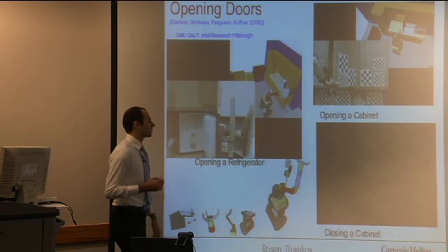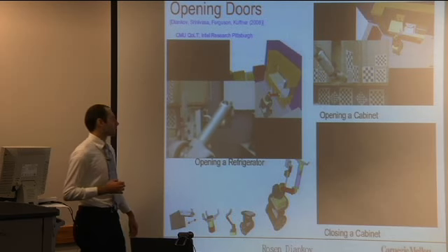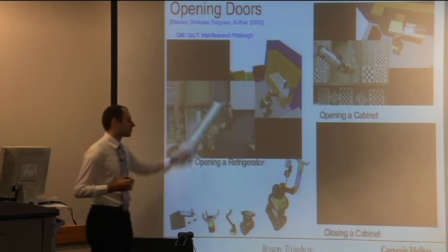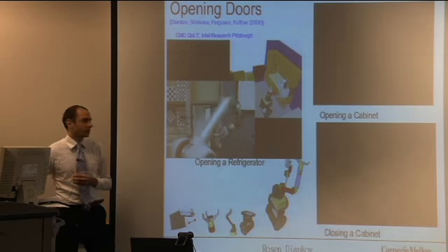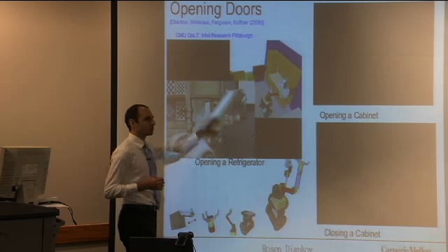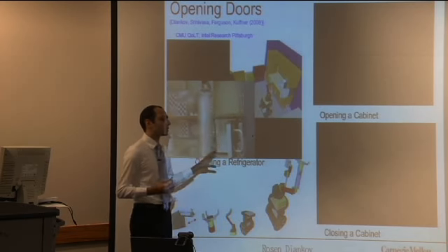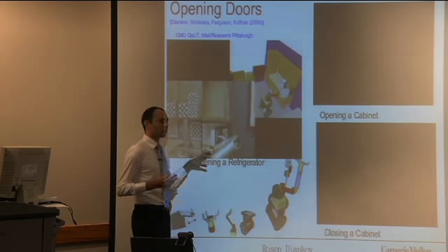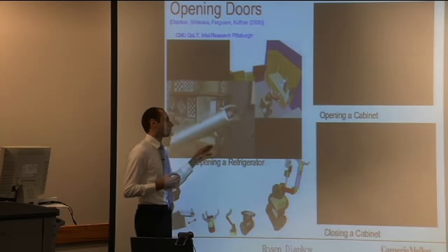However, afterwards, the robot can choose a different caging grasp set and push the refrigerator all the way to getting it open. And I should mention that all the movements here have been generated by a planning process where the users just specify that they want a particular object opened.